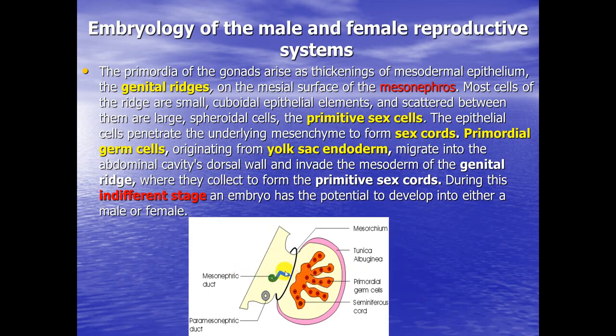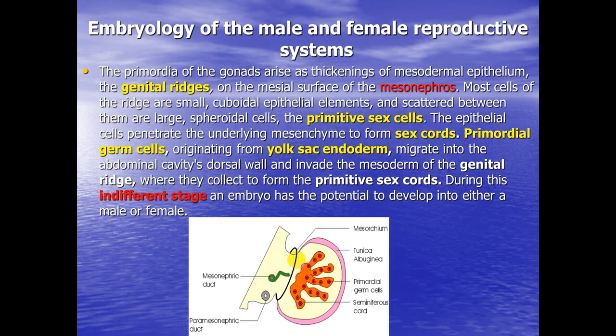Long structures are sex cords. But primordial sex cells are migrants. They come here from the yolk sac endoderm, and here they develop.